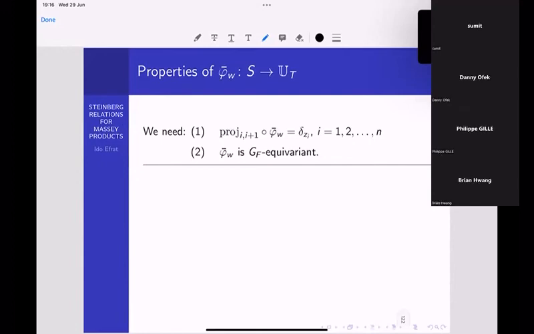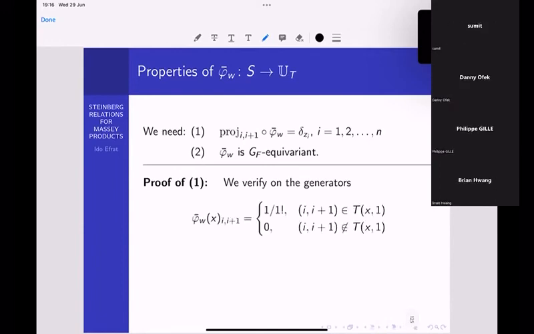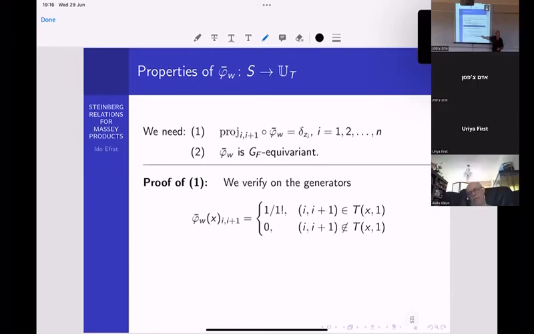One is very simple, as long as one remembers the definitions. What happens here: we verify this on the generators x, y of S. For example, on X, I applied phi bar W and then took a superdiagonal entry. It means that we have first 1 over 1 factorial.